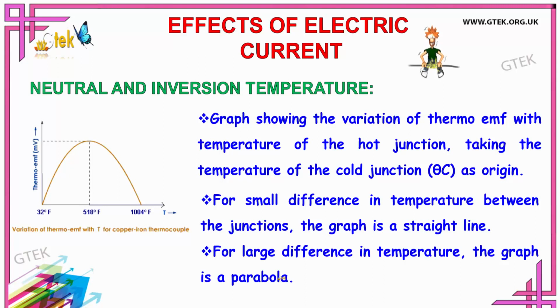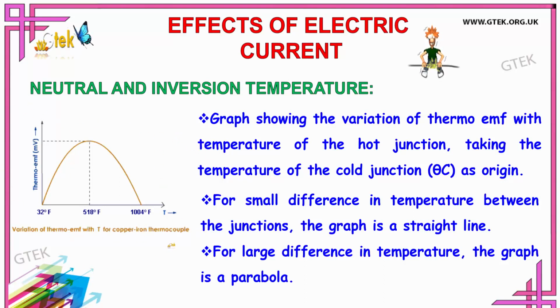Now, let us see about the neutral and inversion temperature. Graph showing the variation of the thermo EMF with temperature of the hot junction, taking the temperature of the cold junction as origin.